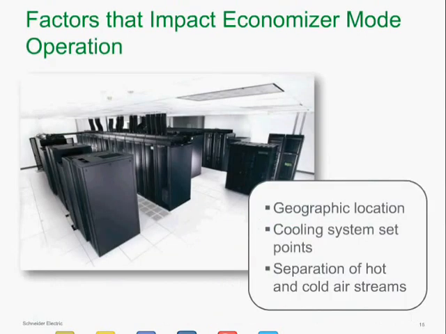When we do talk about economizers, the geography is very important, and I already referenced that in the previous slide with all the blue areas shown in the United States. Certainly the ambient conditions in the geographical location are paramount to what level of economization you can actually use and benefit from. Also the cooling set points.